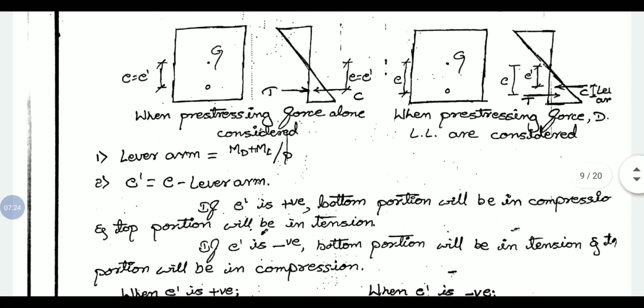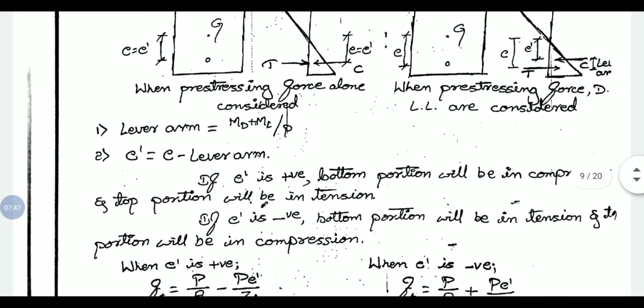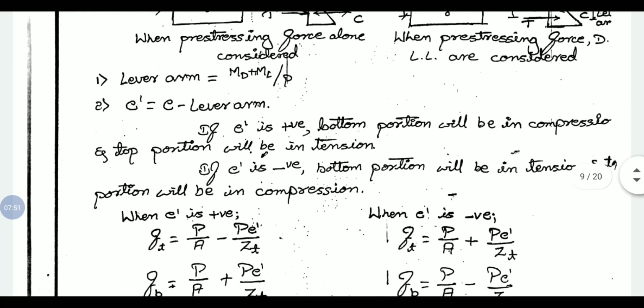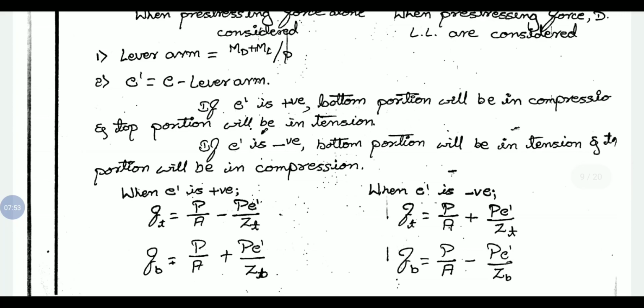E dash is the distance from the centroid of the section to the compressive force. So the total eccentricity minus the lever arm gives the position of the compressive force from the centroid. We consider that as the eccentricity, and with respect to it we have two conditions.